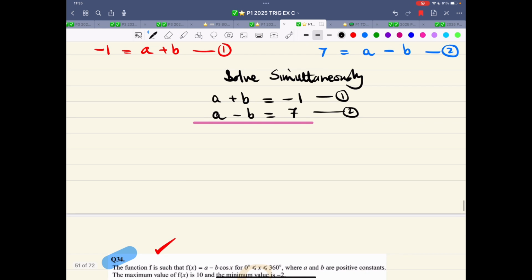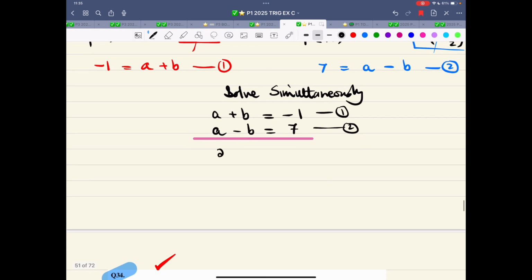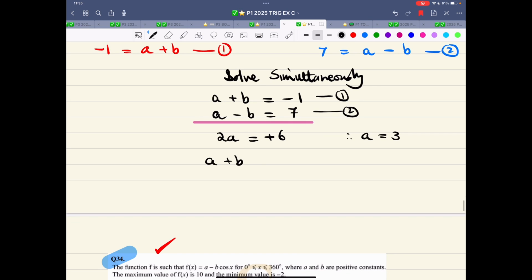When we add them up, the b's cancel out. So 2a equals 7 minus 1, which is 6. Therefore, a comes out to be 3. And a plus b equals -1, so 3 plus b equals -1. b comes out to be -4. So the final answer is a is 3 and b is -4.